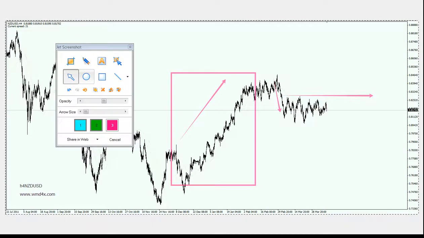So technically we're looking at shorts on Kiwi, but we want to be marking some levels of interest where the price may find support, and then as she falls deeper, we may pick quite a reasonable swing level.